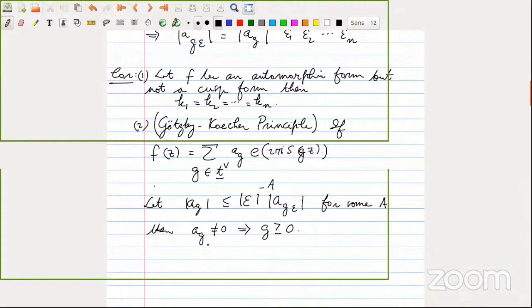In the case of elliptic modular forms, if I want to call a modular form a cusp form, then we have to check the value of f at all the cusps and ensure that it vanishes there. But because of this Koecher principle, we can say that it's enough to look at one cusp. Maybe we can talk more about this.